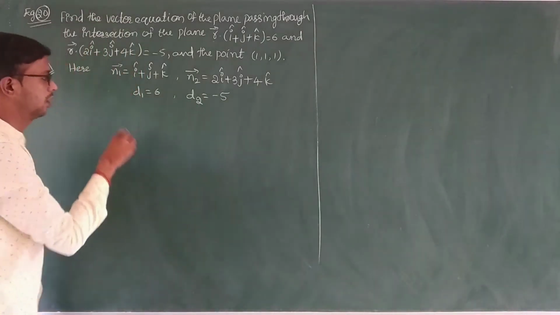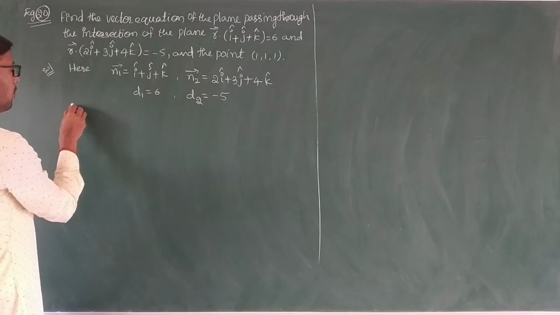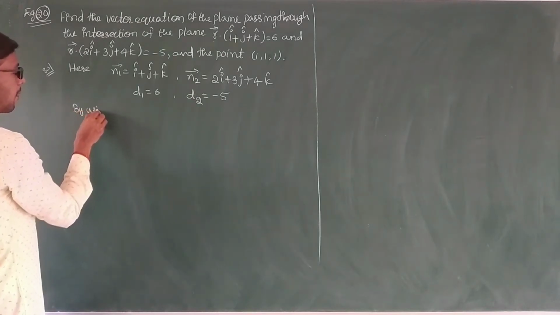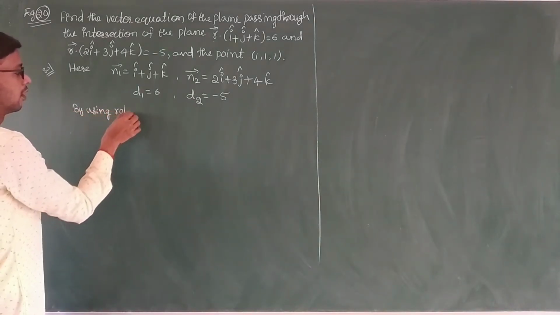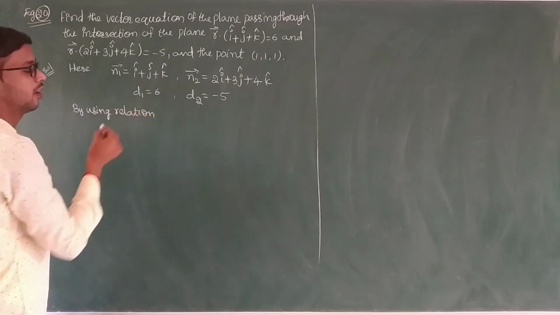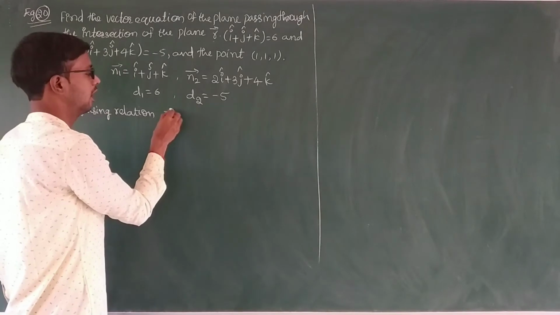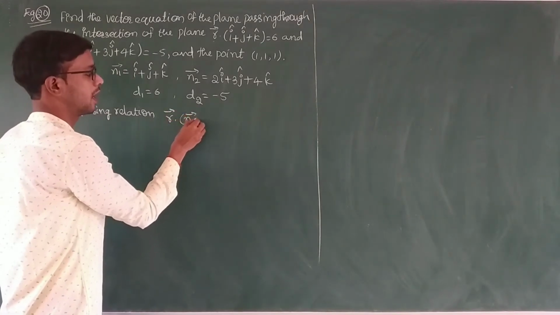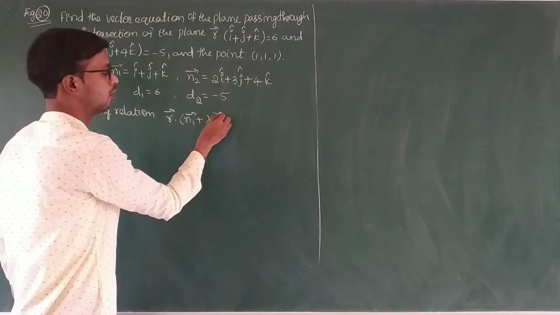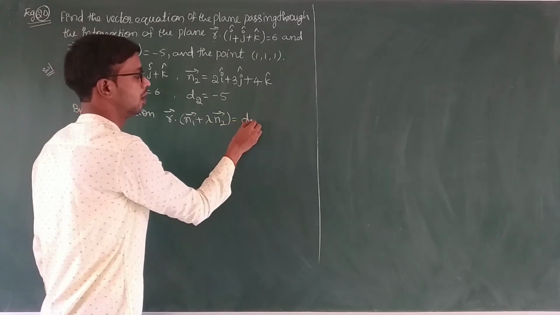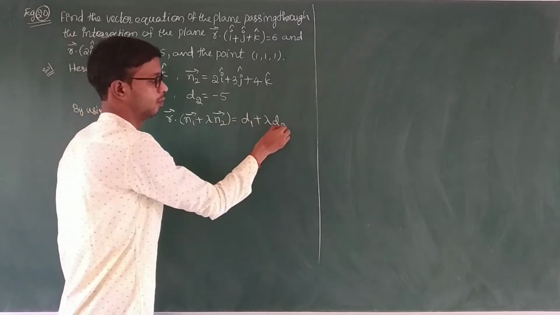We have the relation, by using the plane equation. What is the plane equation? r bar dot (n1 bar plus lambda n2 bar) is equal to d1 plus lambda d2.